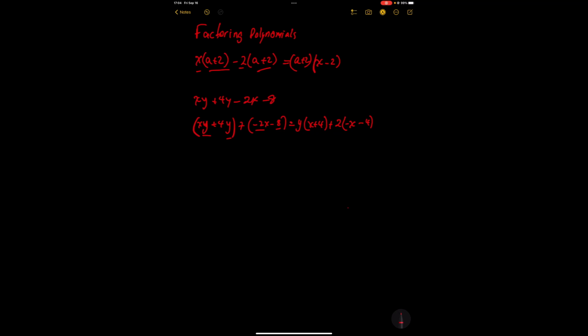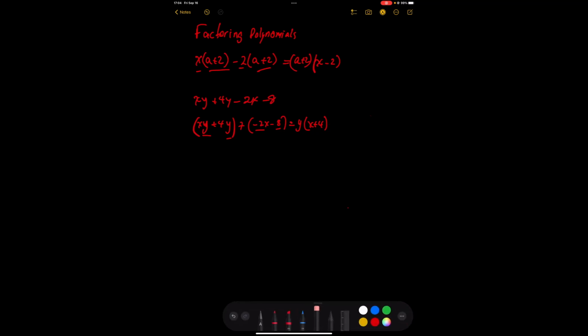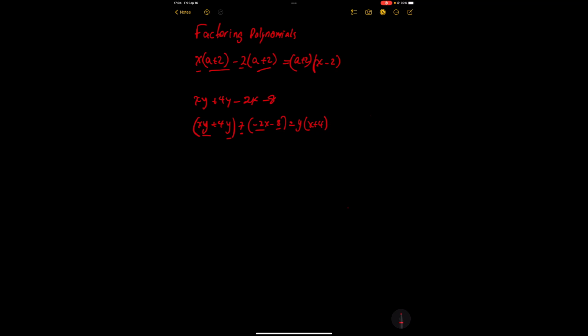Actually, you know what? No, I'm not going to do that. I'm going to make it negative instead, just as it was supposed to be. So this positive right here, I'll put it there to show you guys it's just an addition of negative numbers. But then, if I factor out negative 2, I get an x + 4.